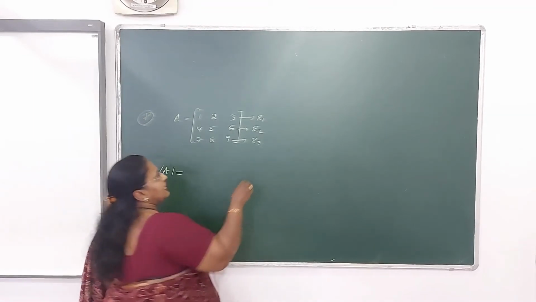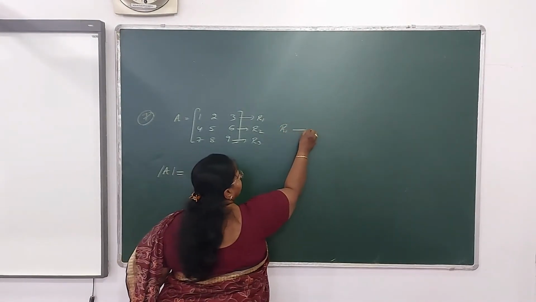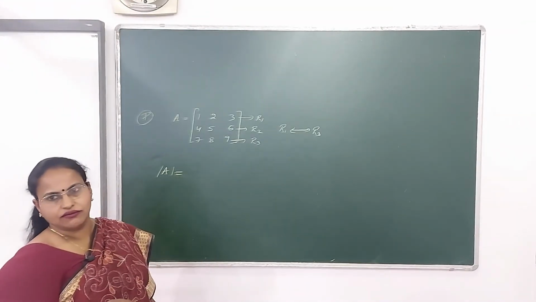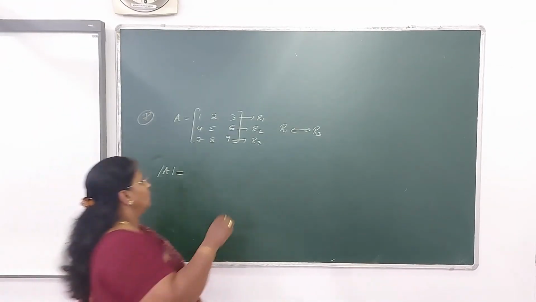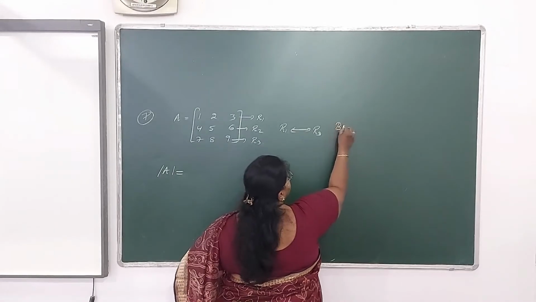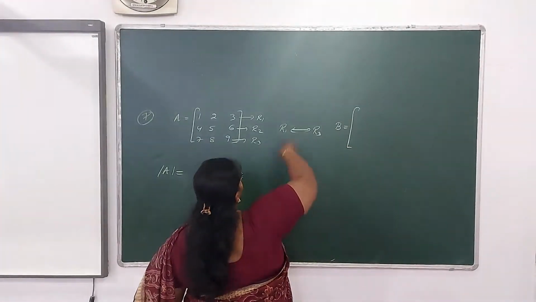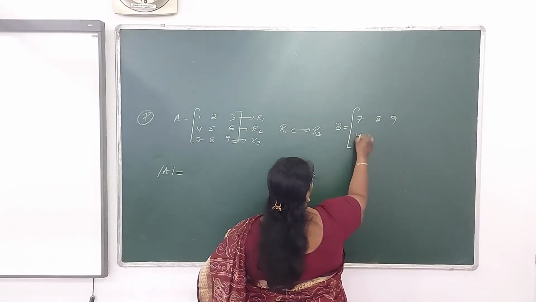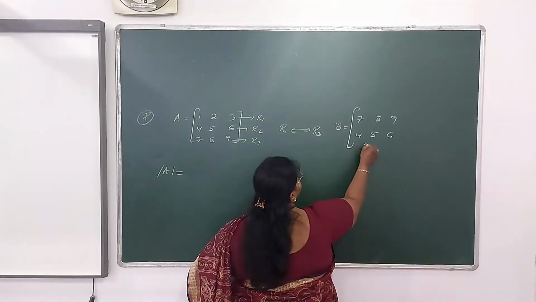If we interchange R1 with R3, let us take the B matrix as 7, 8, 9, 4, 5, 6, and 1, 2, 3.